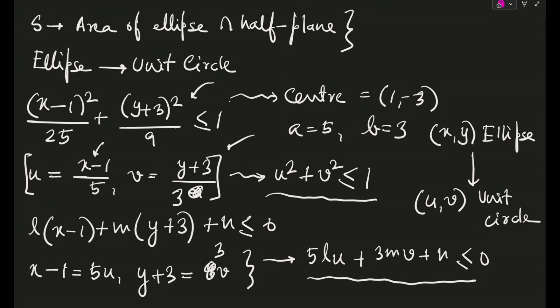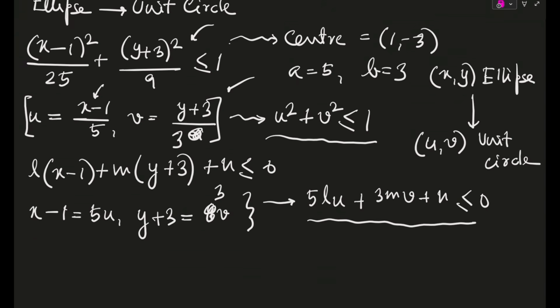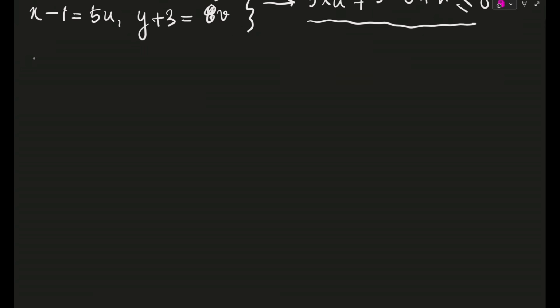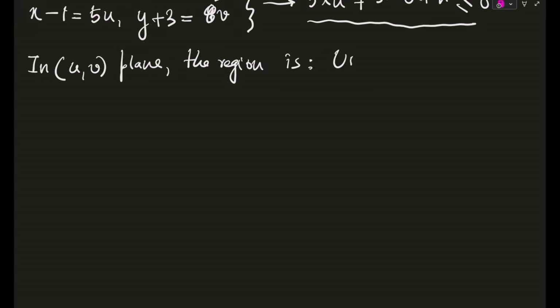I have just changed the coordinate system. This is not an equation, and u and v are not constants. I'm sorry, u and v are variables of the new coordinate system, but they are not constant terms, so don't get confused. So guys, if we proceed further, now in our u comma v plane, the region is now the unit circle intersection with the half plane.